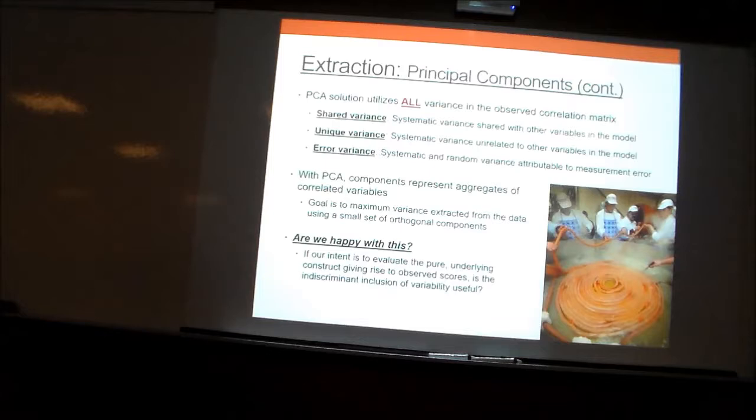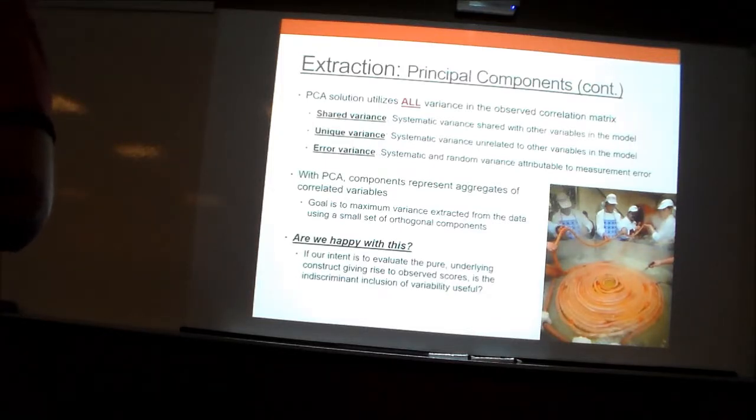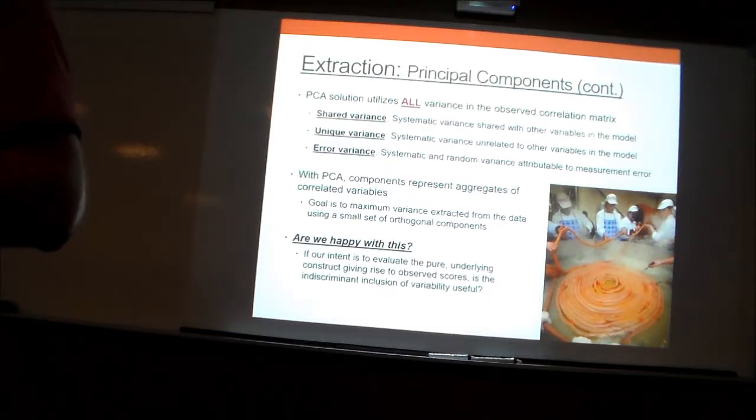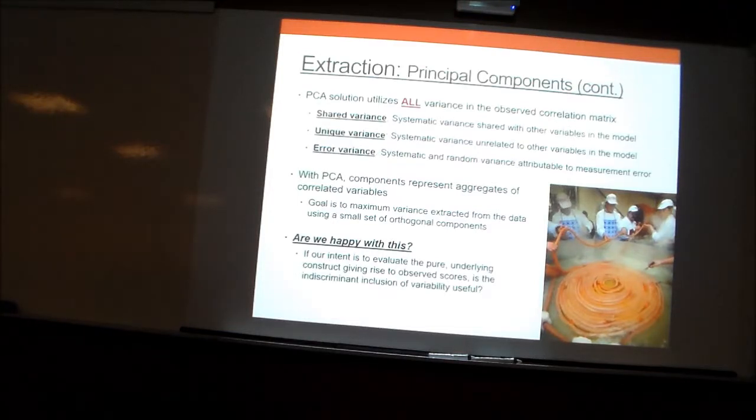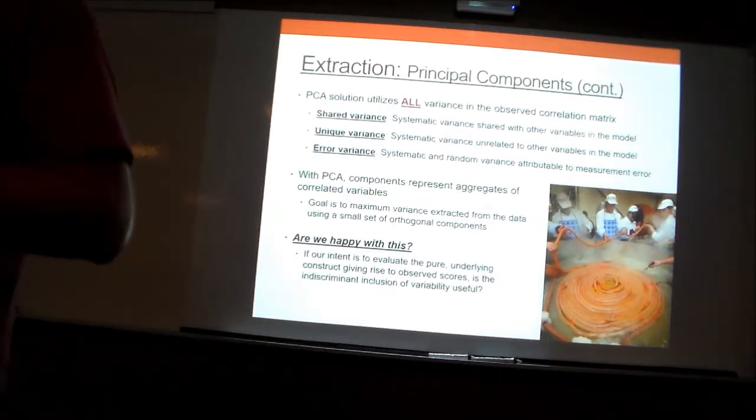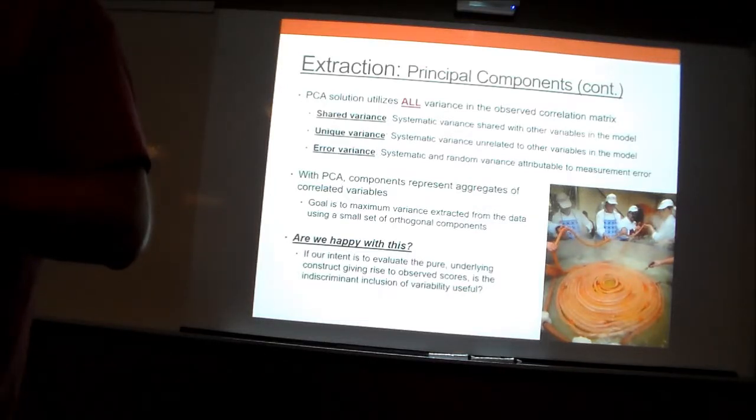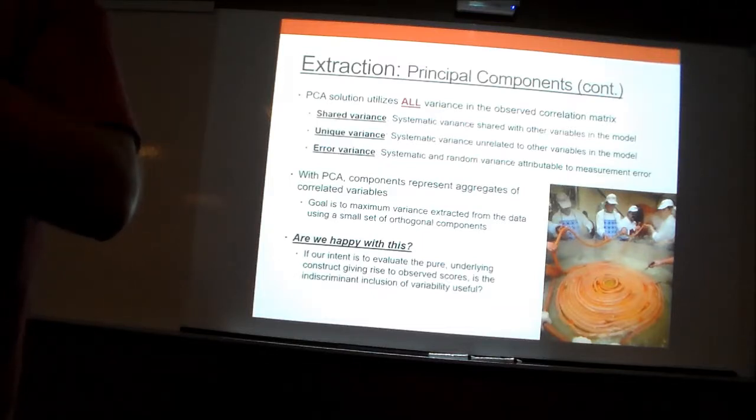So the problem is, conceptually, if there's some underlying factor, some process, like behavioral inhibition or some other construct that's giving drive to these variables, then by definition the only variability we should be interested in is the variability that's shared with the other items.